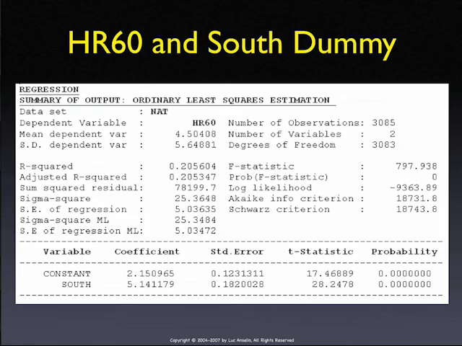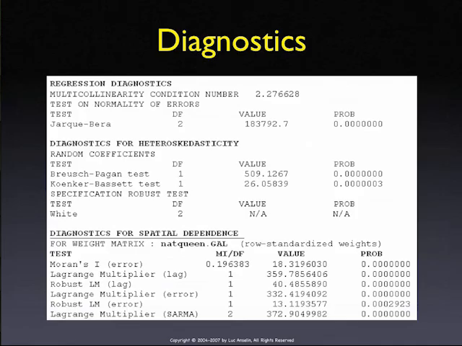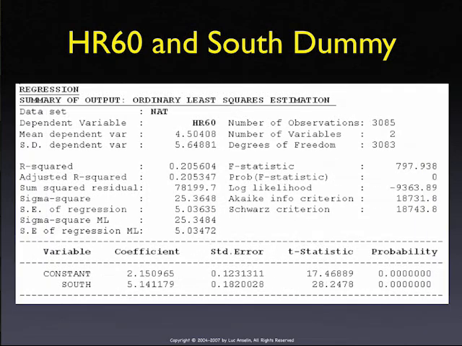As we look at the diagnostics in this particular case, let me step back a second, and you look at the R square. It's not a disaster, but it's not terribly good either, as you would expect. There's really not much in there in terms of a model, but it's amazing that just a dummy variable for the South explains 1/5 of the variance, just that alone. It doesn't explain anything, but it picks up 1/5 of the variance.